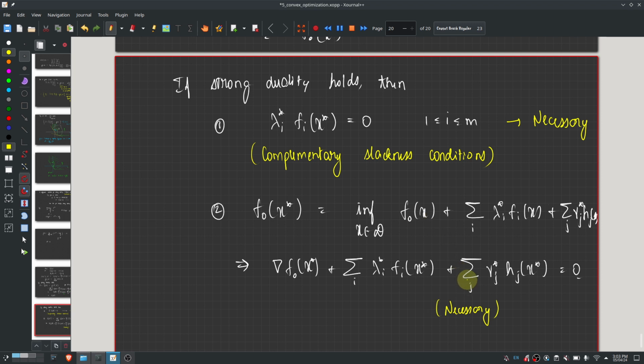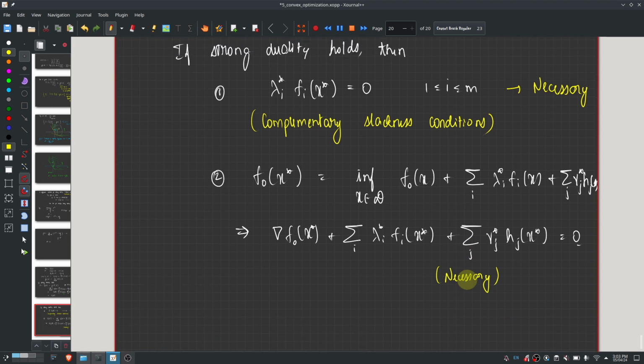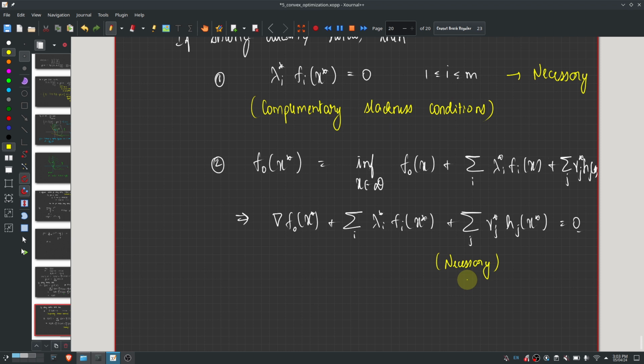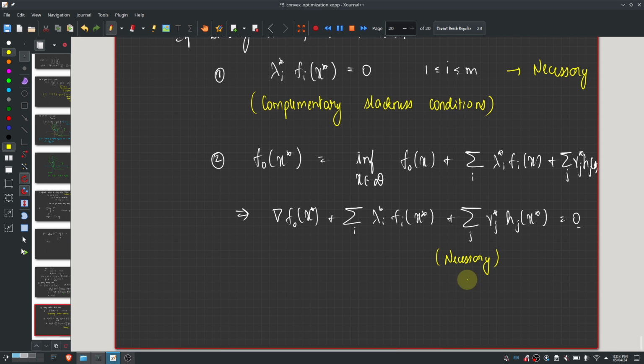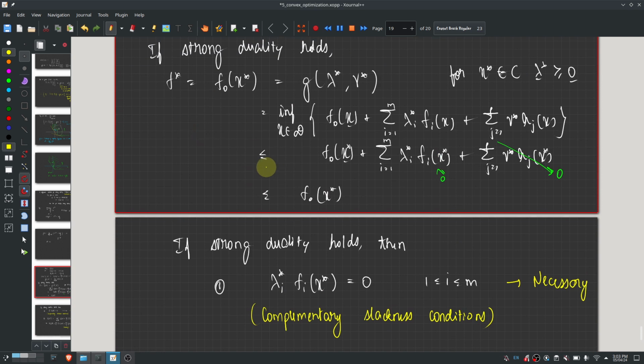This also becomes a sufficient condition. So that was the second point that we got just by assuming strong duality.